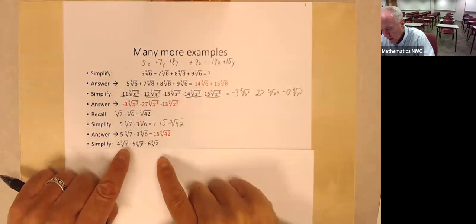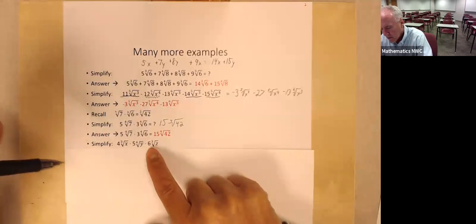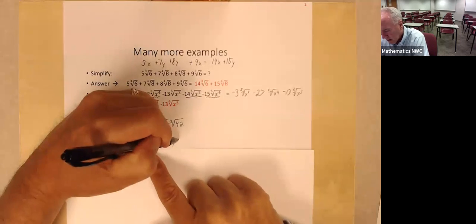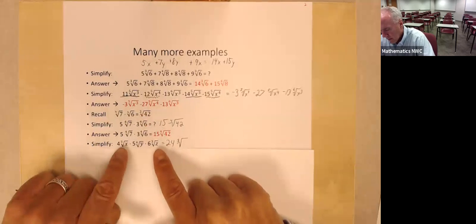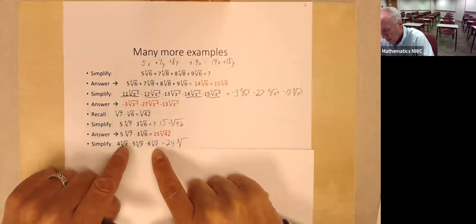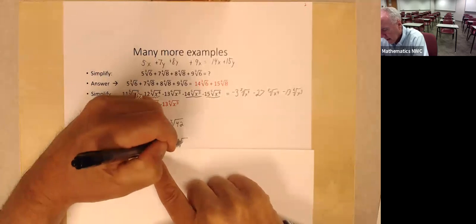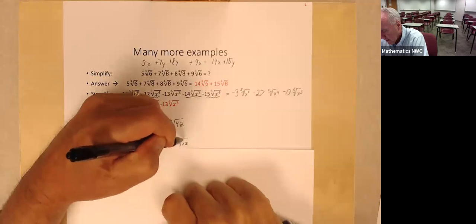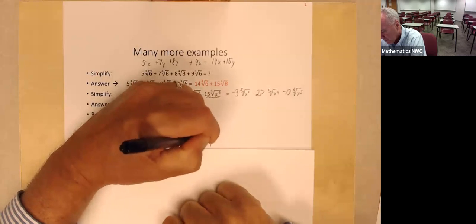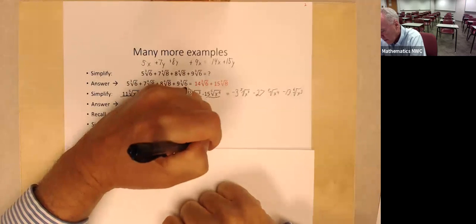The cube root will come along. So I have 4 times 6, which is 24. I still have the cube root, but I multiply the arguments just like 7 times 6 gave me 42. This is going to be x times y. Excuse me, x times z. I apologize. Let me rewrite that. X times z.